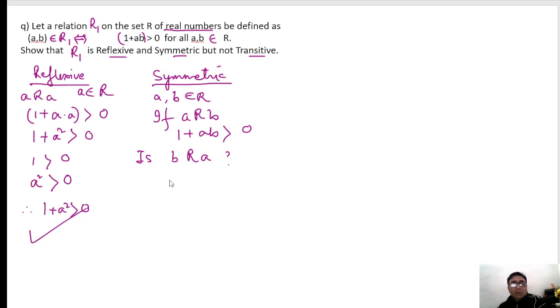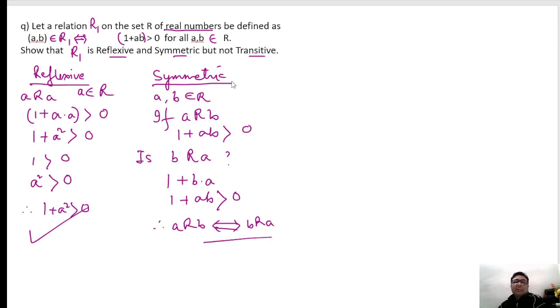So let's see. 1 plus B into A, that is 1 plus AB, this is also greater than 0. Yes, that means A R B will also imply B R A. That means it is valid, so it is a symmetric condition.